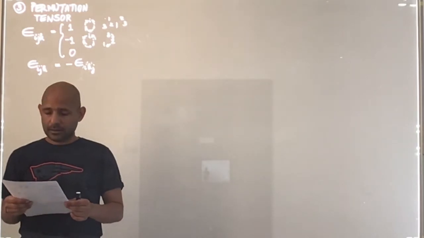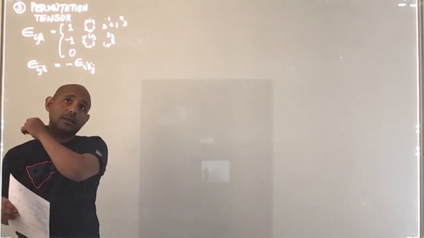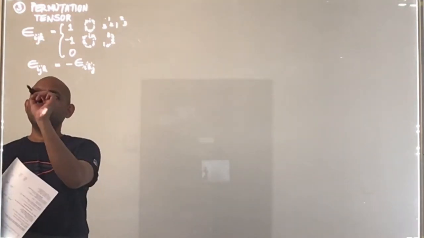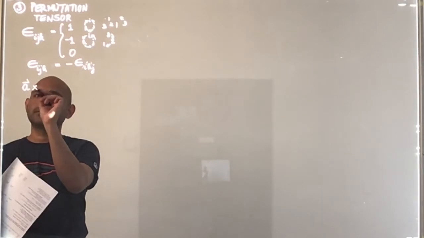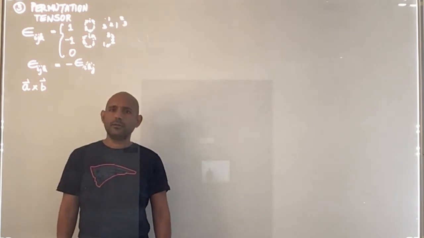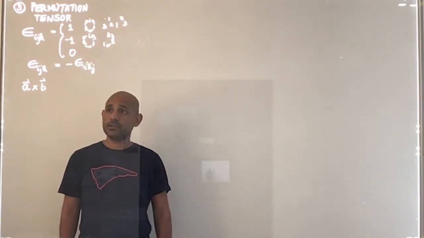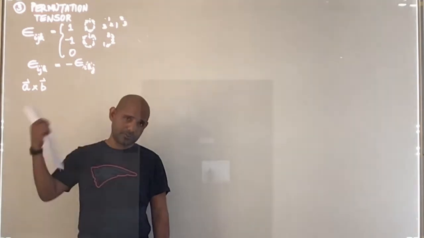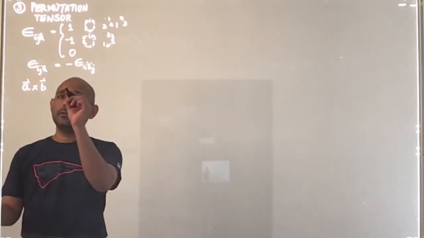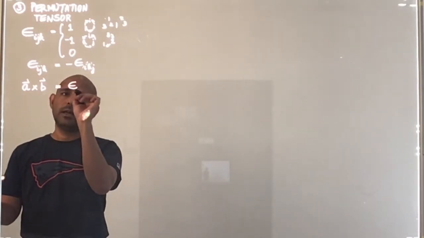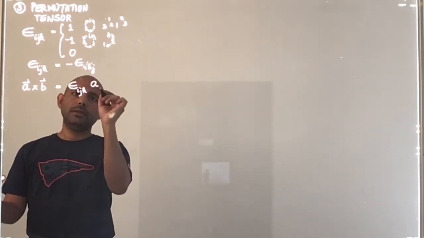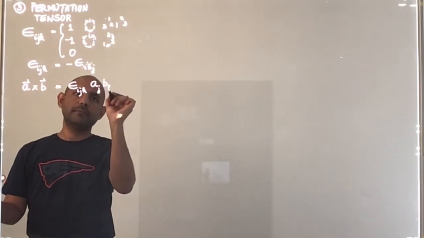The only time, well, one of the times when epsilon comes into use is when you look at cross product of 2 vectors. Okay? I know different people are taught in different ways of how to compute A cross B, but the index notation saves us all. This is simply epsilon ijk aj bk.